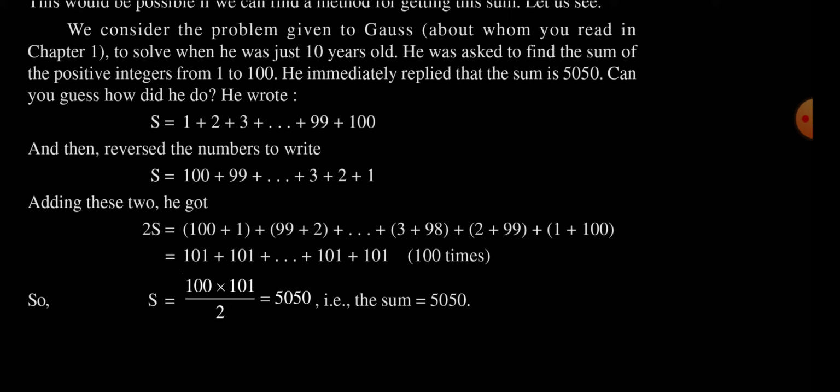And that is exactly 101, 101, and so on, 101 up to 100 times. So S is equal to 100 into 101 upon 2, and that is 5050.